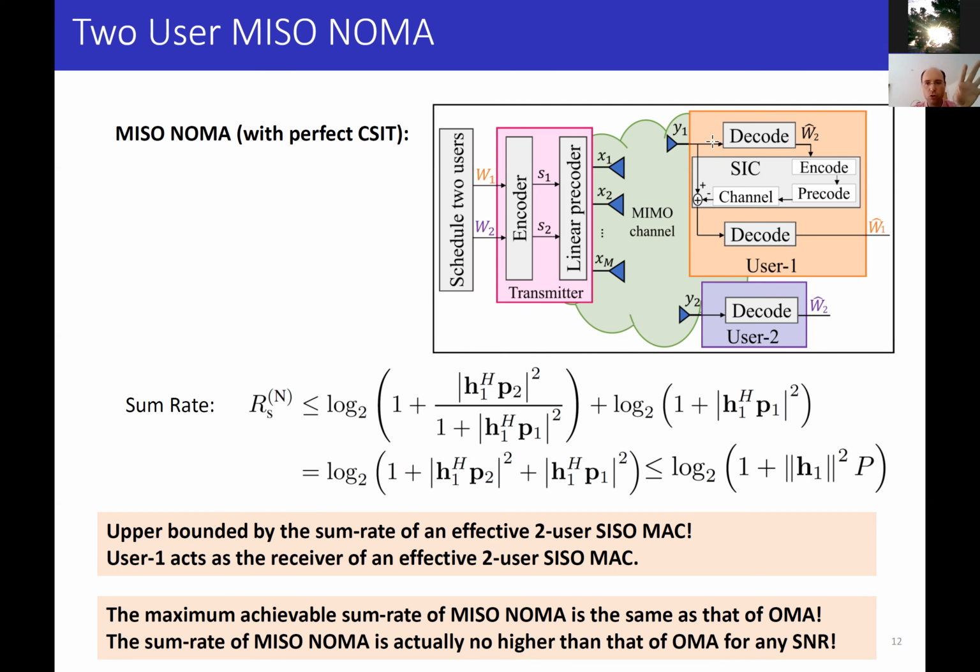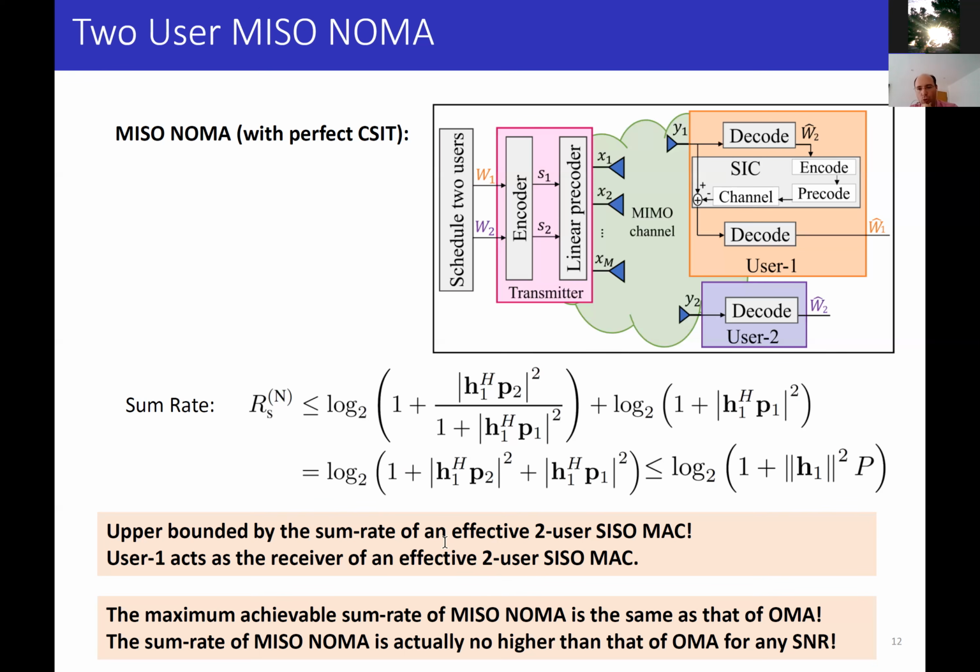It sees W1 and W2, and it decodes both messages. So actually, user 1 acts as a receiver of a two-user multiple access channel. And this is indeed the sum rate of a two-user multiple access channel, where the effective channels are now denoted by these precoded channels here, H1P2 and H1P1.